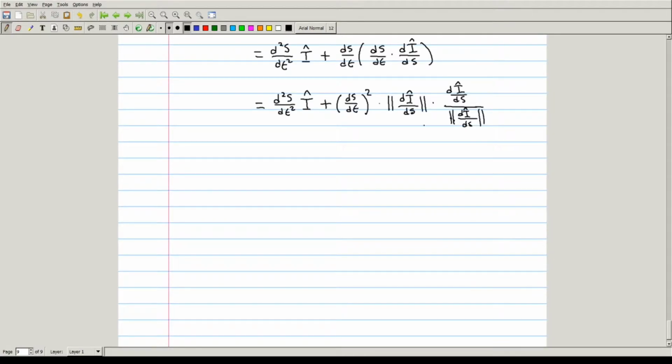Or, in shorthand, a good thing for you to check is to show that (dT/ds) over the magnitude of dT/ds is in fact the same thing as dT/dt, the derivative of the unit tangent vector with respect to the parameter t, divided by the magnitude of dT/dt, which is exactly equal to that unit normal vector that we defined before.